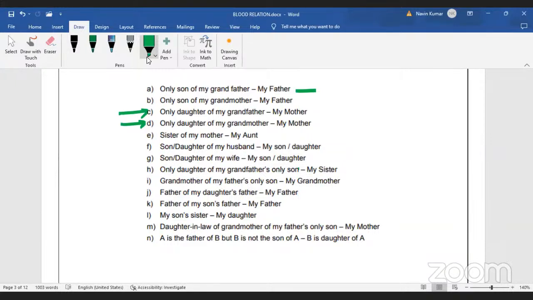Who is your grandfather's only son? Your father. And then read it completely: only daughter of my father, my sister. A is the father of B, but B is not the son of A, because B is the daughter of A.